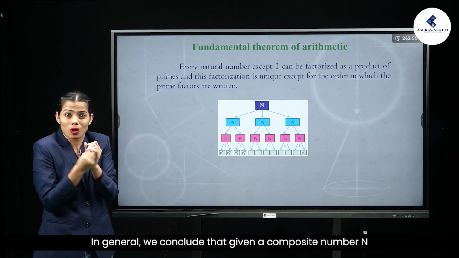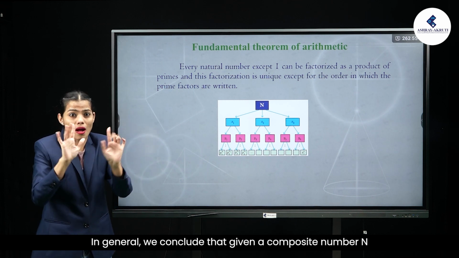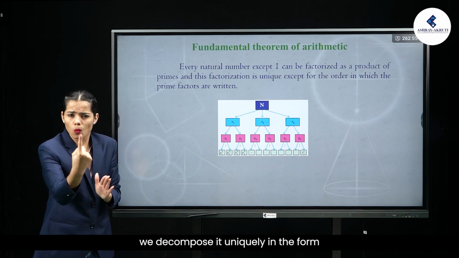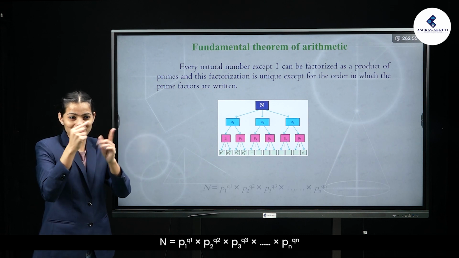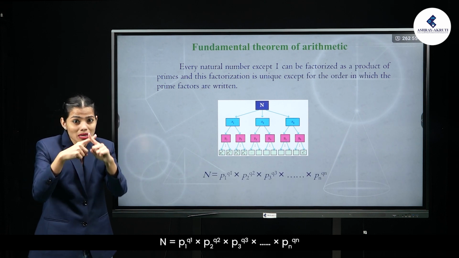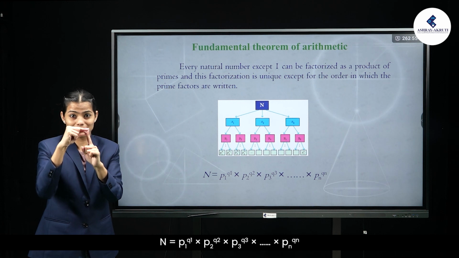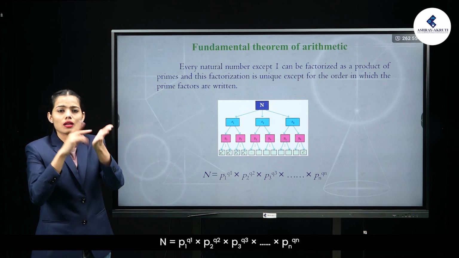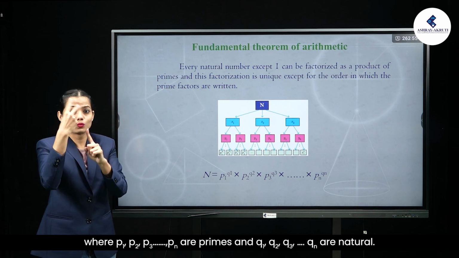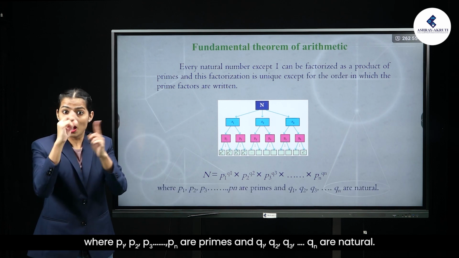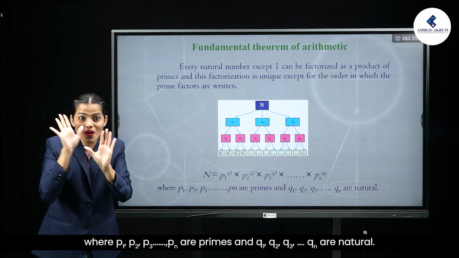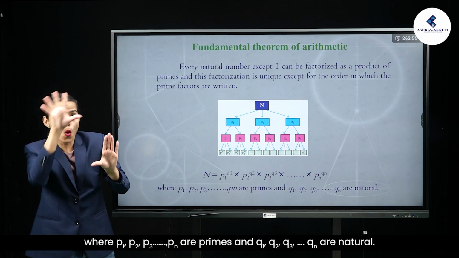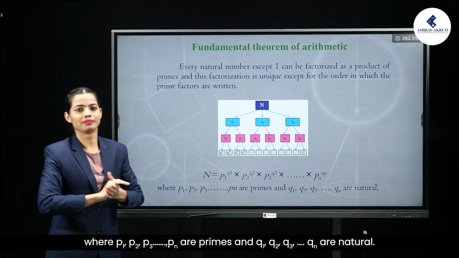In general, we conclude that given a composite number n, we decompose it uniquely in the form n = p1^q1 × p2^q2 × p3^q3 × so on × pn^qn, where p1, p2, p3, so on, pn are primes and q1, q2, q3, so on, qn are natural numbers.